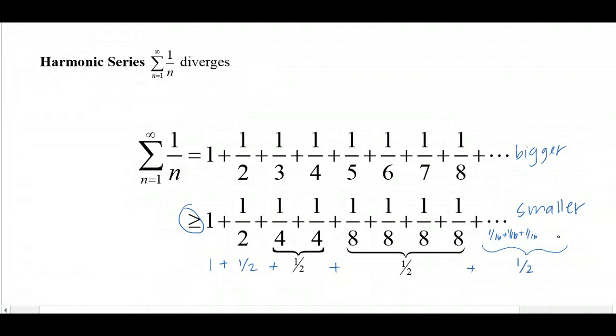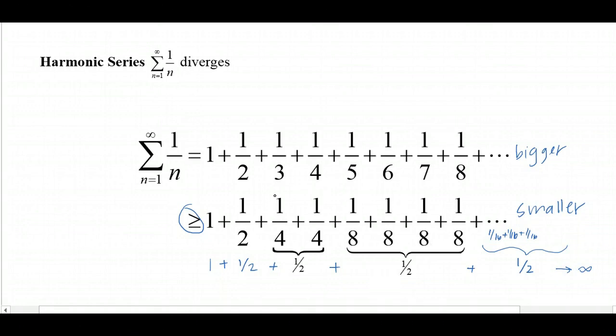And this pattern is actually going to continue so that I have 1 plus 1/2 plus 1/2 plus 1/2 plus 1/2. And if I keep adding the same number to itself over and over again, it's going to get bigger and bigger and bigger. So this is going to infinity. Adding up the same number to itself is going to go to infinity.